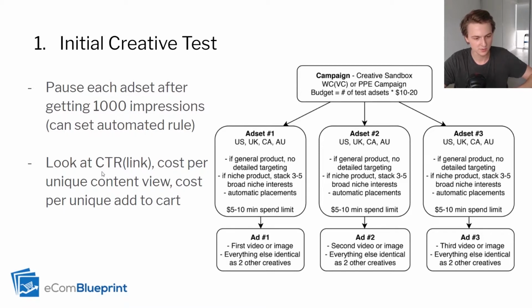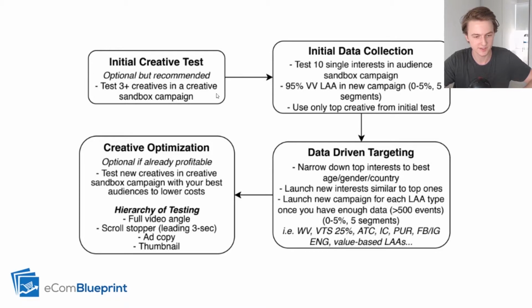So CTR link click is important. You want to look at CTR link click, cost per unique content view, and also the cost per unique add to cart. Based on that, make a decision on which ad is probably going to perform the best. And if you're not sure, you can select the top 2 instead of just picking one. And once again, I'm going to show you all of this in the next lesson, which is the creative optimization lesson.